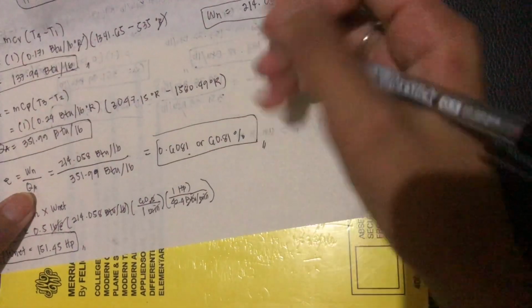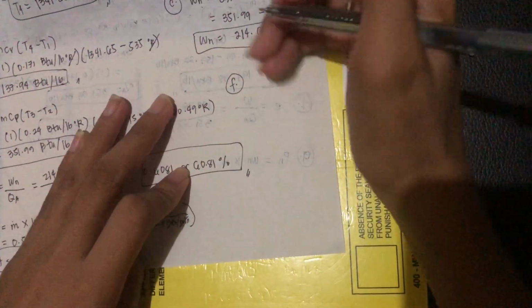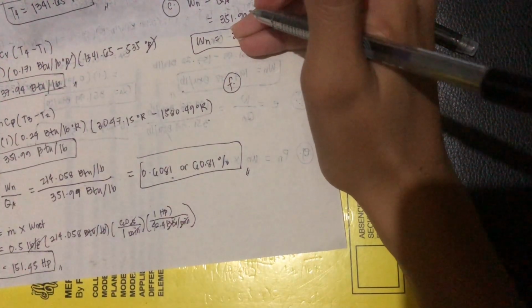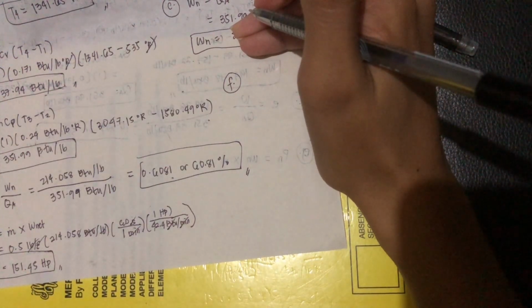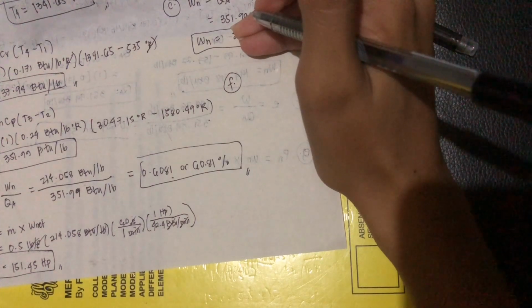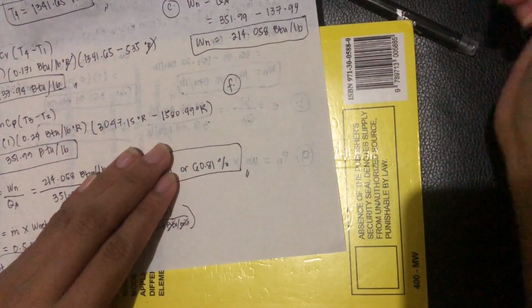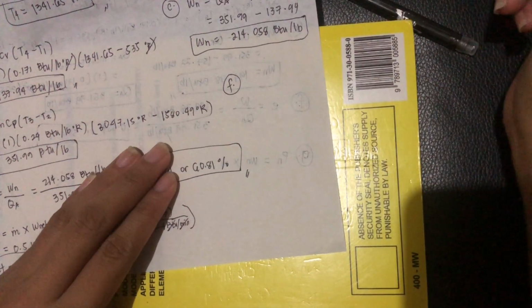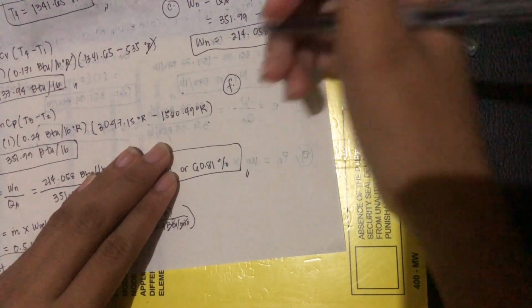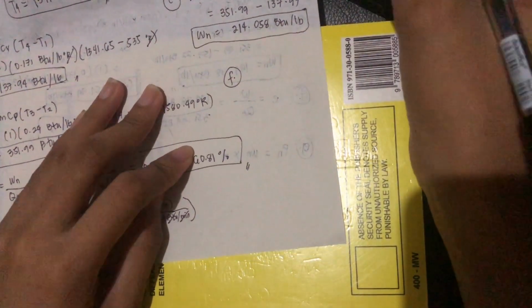Next is letter F. For letter F, the thermal efficiency of a cycle having the same initial condition and compression ratio but with constant pressure heat addition of 500 BTU per pound. What is asked is the thermal efficiency.